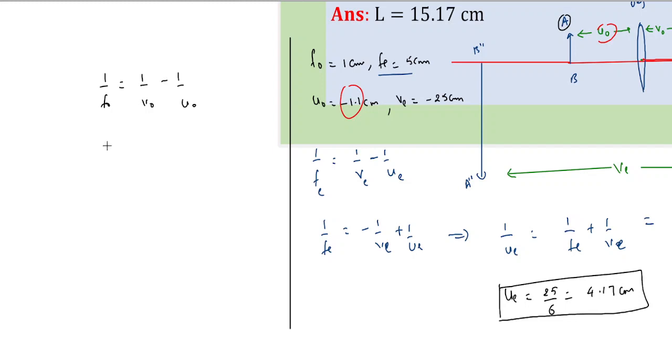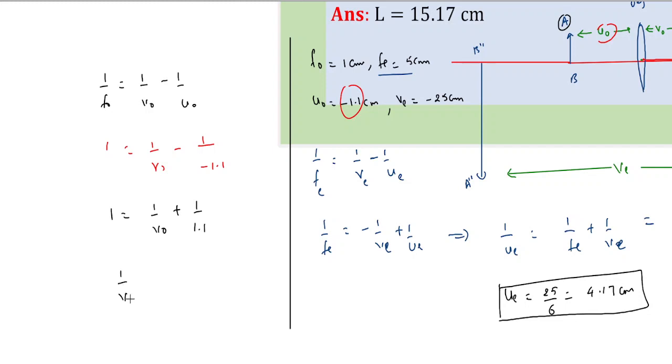Therefore, what I get from here is 1 by 1, because it's 1 centimeter only. This is equal to 1 by V naught minus 1 by minus of 1.1. That is 1 is equal to 1 by V naught plus 1 by 1.1. Bring this side.